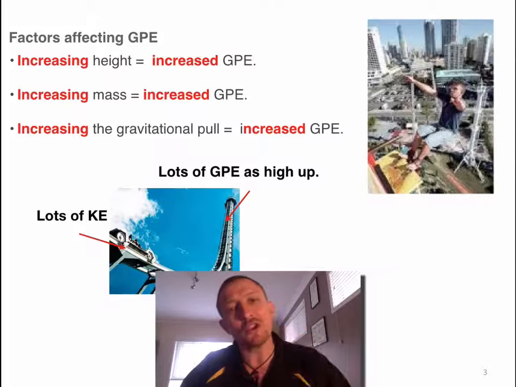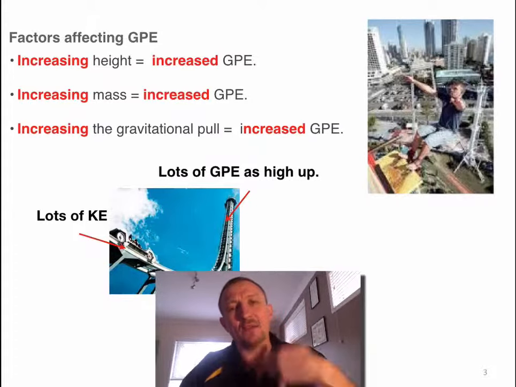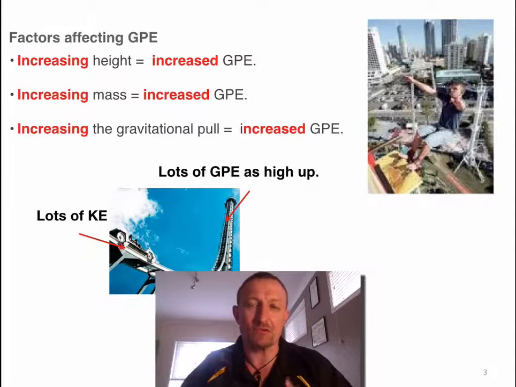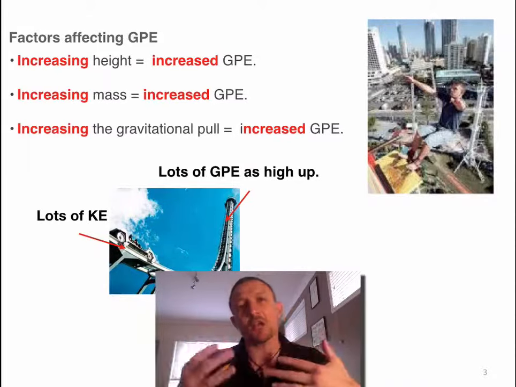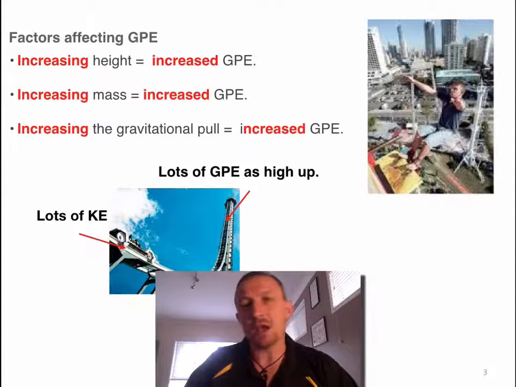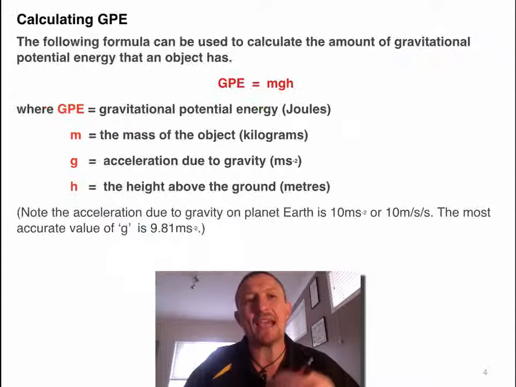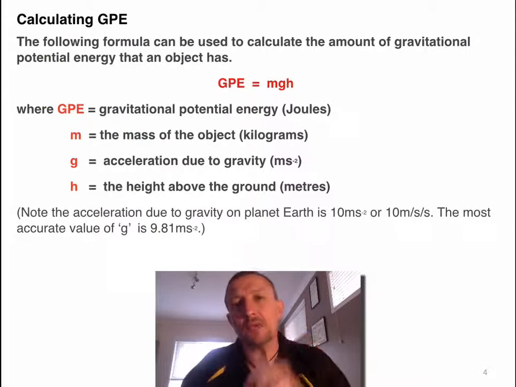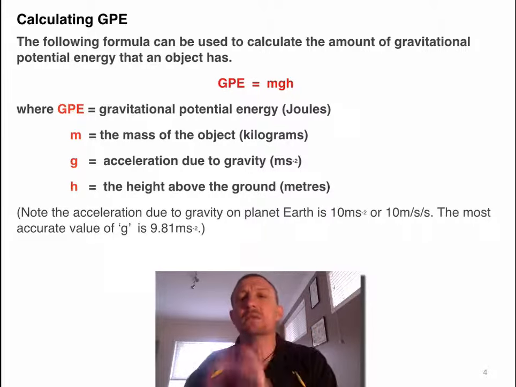Okay, and we'll talk about those in a little bit more detail, and I've got some video shots of various roller coasters, and we're going to run through those roller coasters and talk about that conversion from GPE to kinetic energy. Okay, so the next question is, how do we calculate GPE? Well, GPE can be calculated with a very, very simple equation.